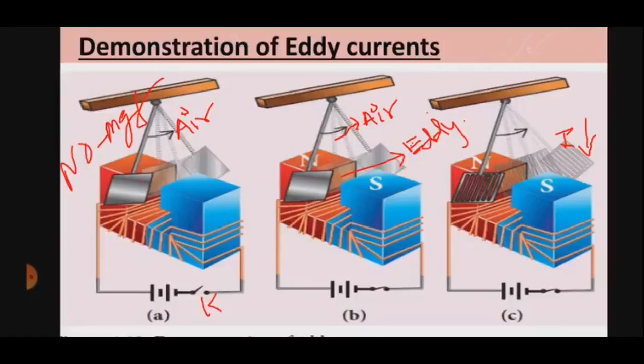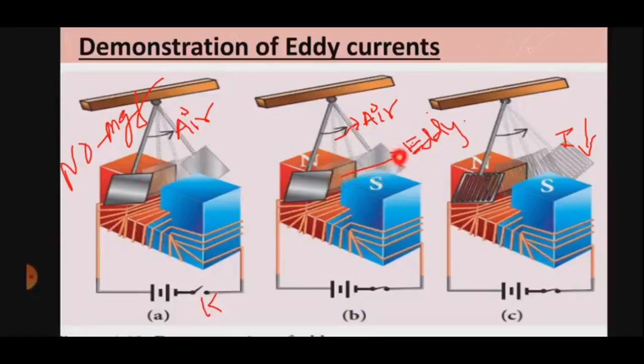Then see the second diagram. Now the key is closed and the electromagnet is switched on. Current flows through the circuit and the disc of the pendulum is made to oscillate. Now eddy current is produced in the metal.